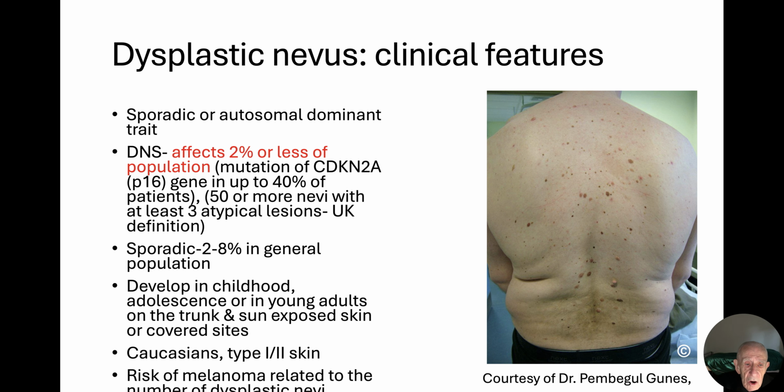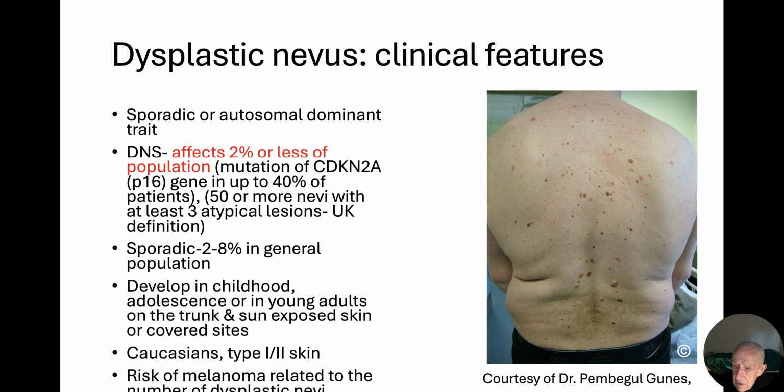Now, the UK definition of 50 or more nevi with at least 3 atypical forms is, I think, a good definition, but the British Association of Dermatologists reckoned that roughly 2% of the population had dysplastic nevus syndrome, and I have to be honest, I don't believe that for a minute.